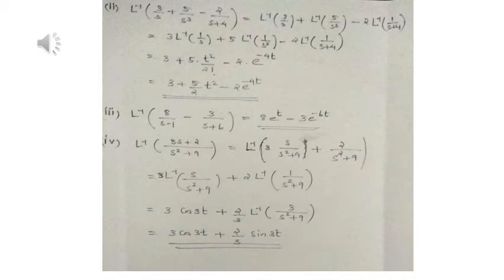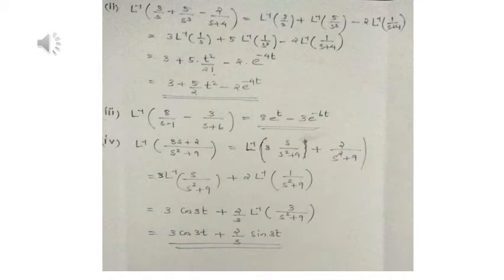Now we know L inverse of 1 by s is 1. So 3 into 1 is 3, plus 5 into L inverse of 1 by s cube, which is t square by 2 factorial. Why? Because L inverse of 1 by s raised to n plus 1 gives t raised to n by n factorial. So if n plus 1 is 3, then n is 2. So 5 into t square by 2 factorial, minus 2 into L inverse of 1 by s plus 4.